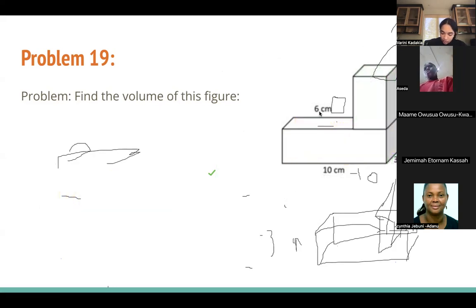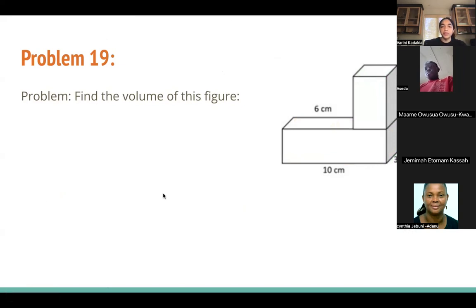I'm just going to clear the screen. Okay, so this part is going to be 3 centimeters, and this part over here is going to be 4 centimeters.